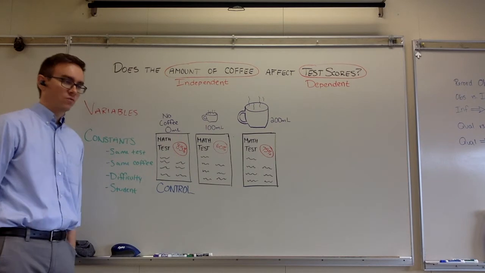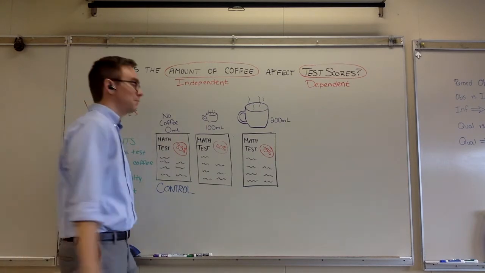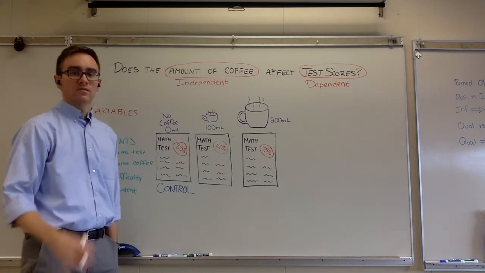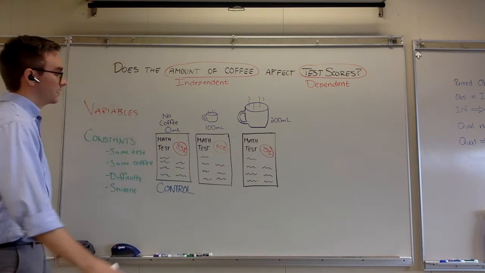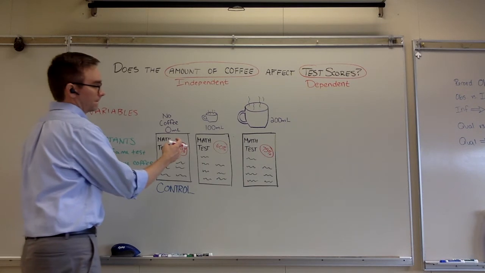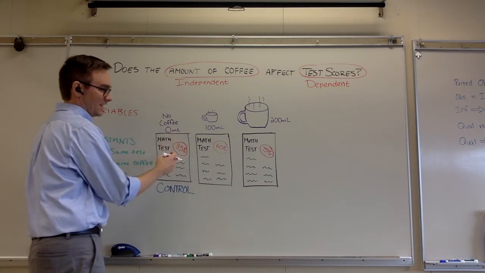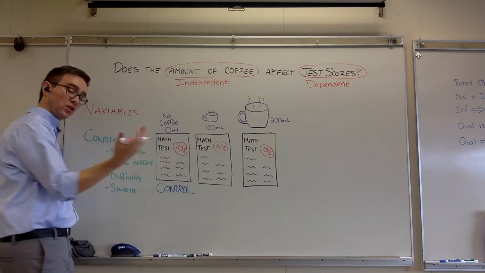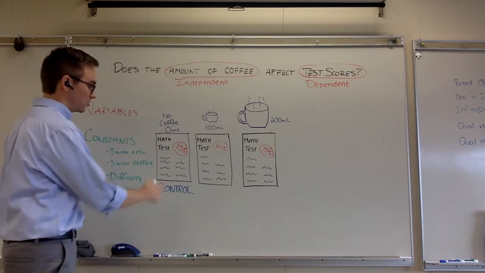Okay, so our original conclusion was that the more coffee you have, the better you are. But with the control group, I see that actually having coffee at all is worse than having no coffee. So we have our control group.